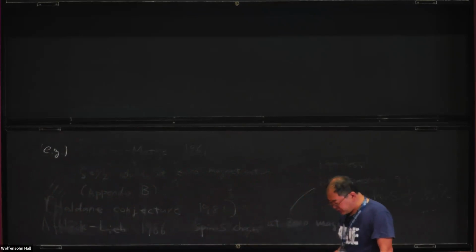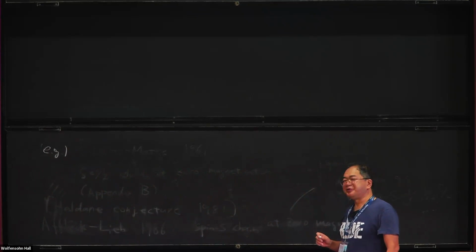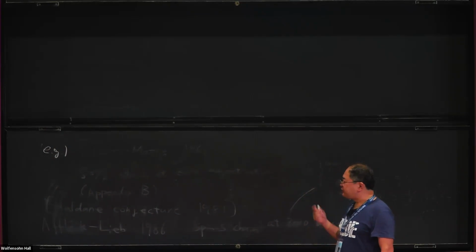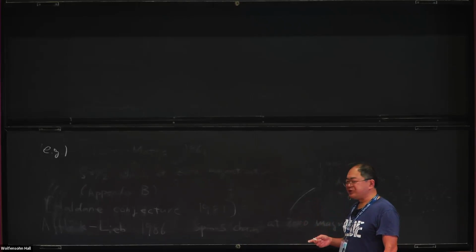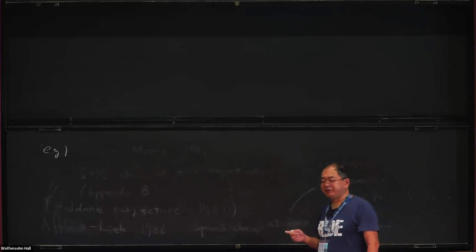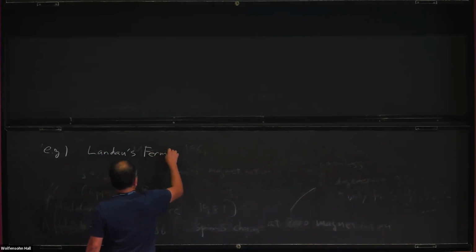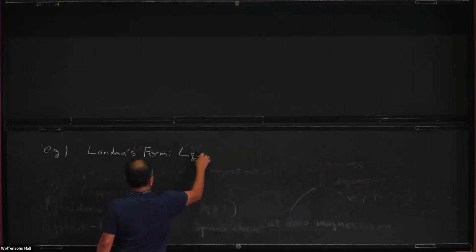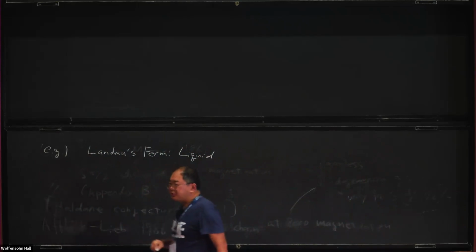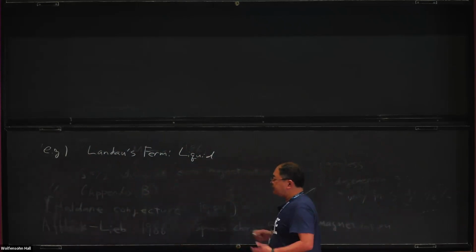But maybe the oldest one, I'm not sure if it's really the oldest, but at least one of the oldest low energy effective theories for quantum many-body systems should be Landau's Fermi liquid. So this is an effective theory for interacting fermions.